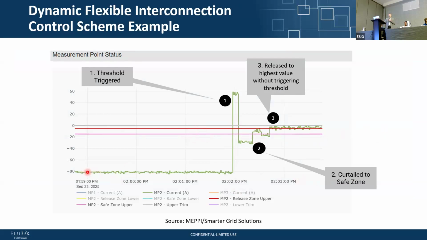The green is just the loading of the DER, and when it breaches some of these thresholds, then it wants to react. Probably a large load came offline, and now there's overproduction and a curtailment is needed of this DER generation device.